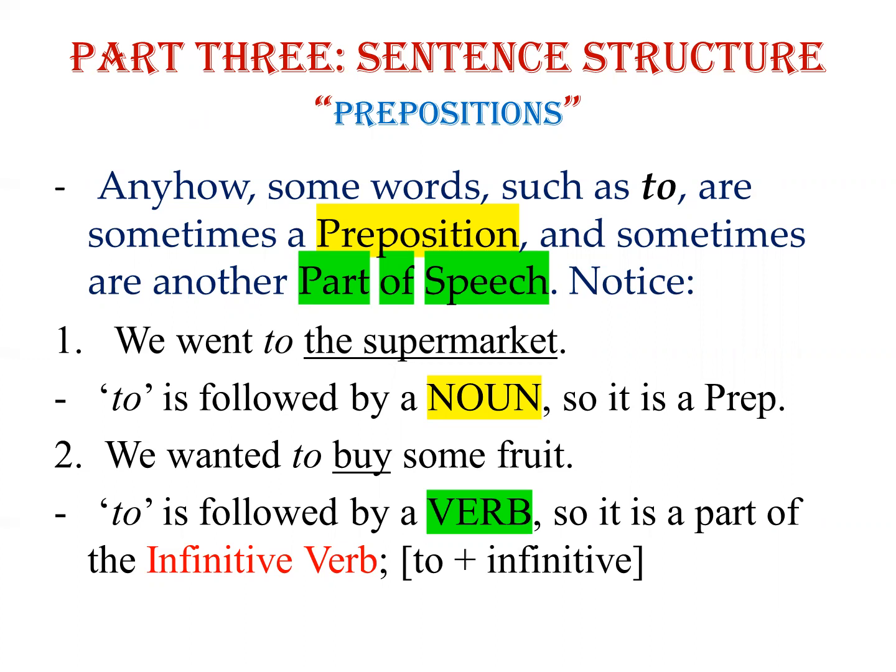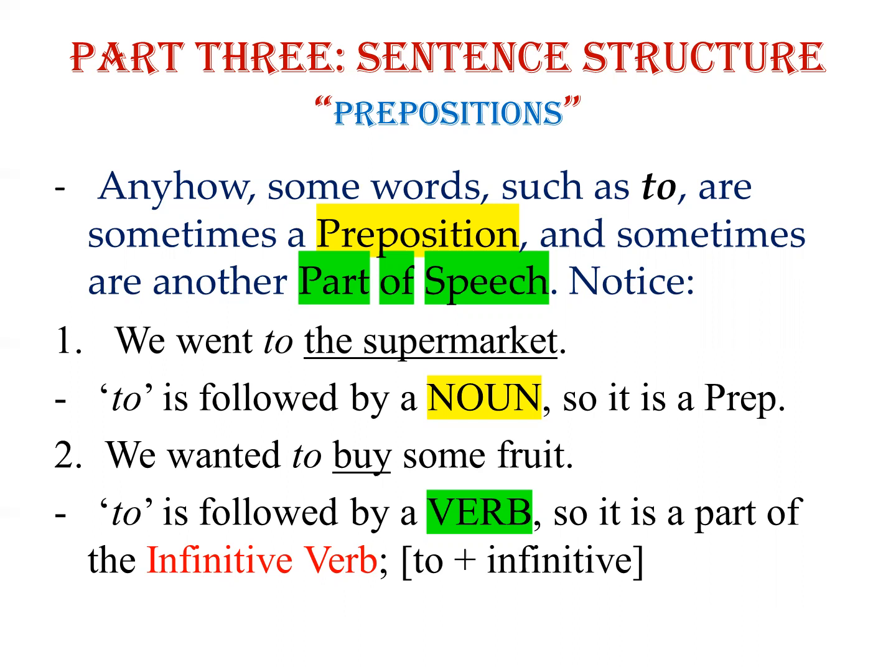Anyhow, the word to can sometimes be a preposition and sometimes another part of speech. When I tell you, we went to the supermarket, we have to. And in the second example, we wanted to buy some fruits, we also have to. So what is the difference? In the first example, I'm telling you that we went to this specific place, which is the supermarket.